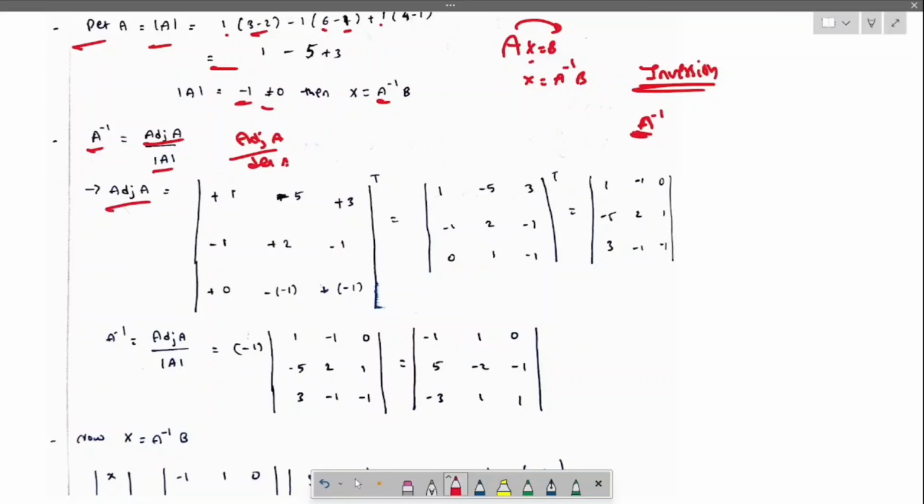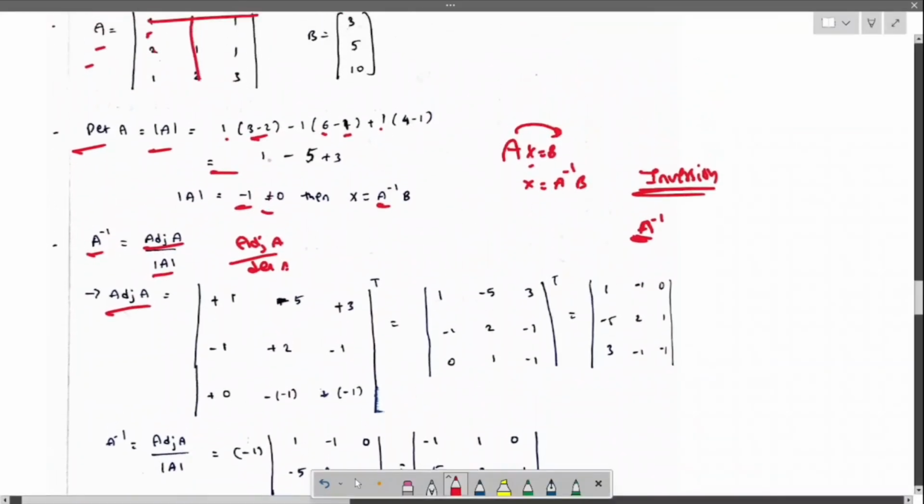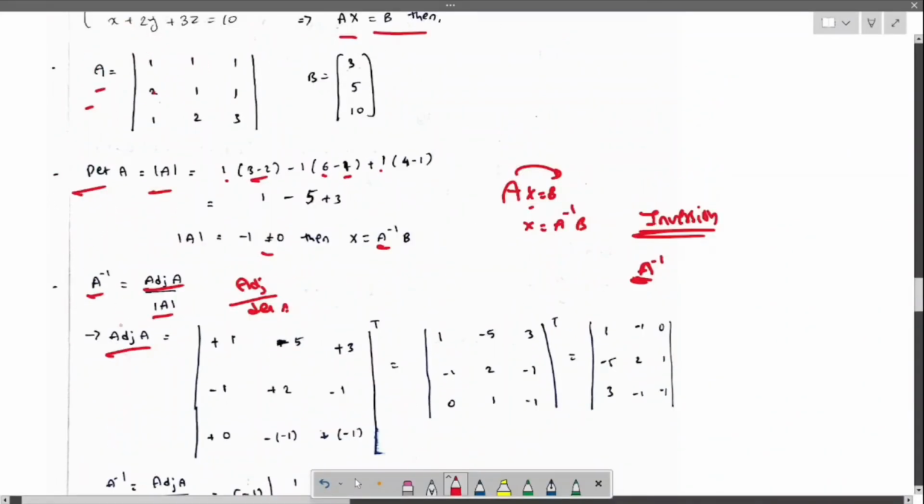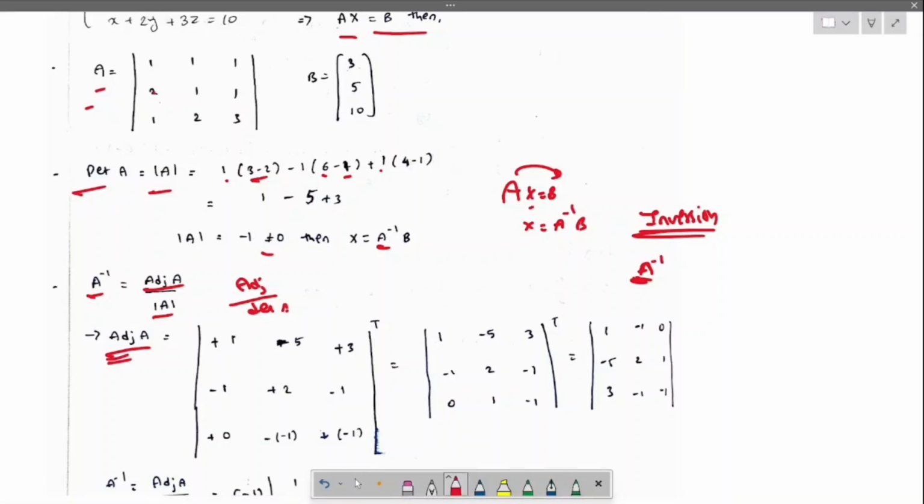What does adjoint A mean? First, here is the actual matrix. We need to find adjoint A first. Determinant A is already found, right? How do we find it? First, keep A transpose here, where this T represents the transpose.